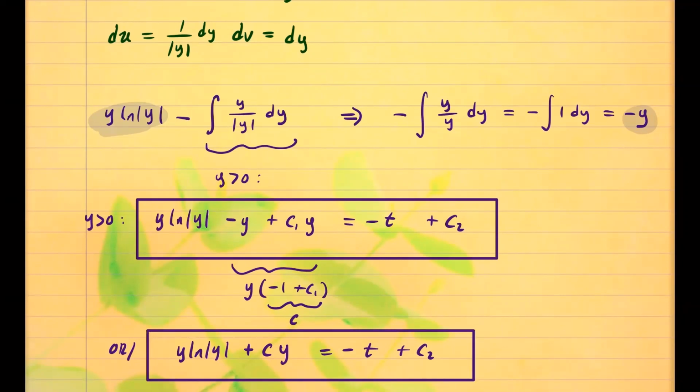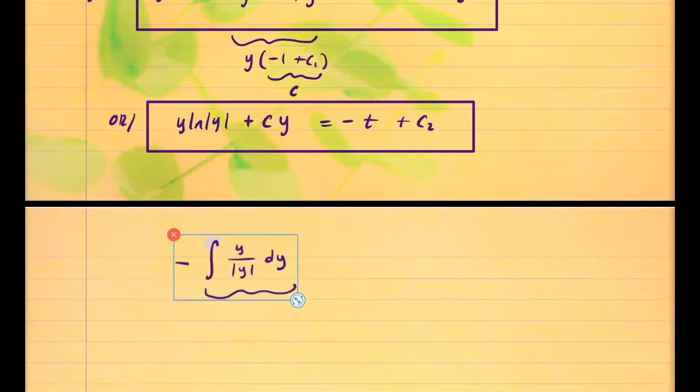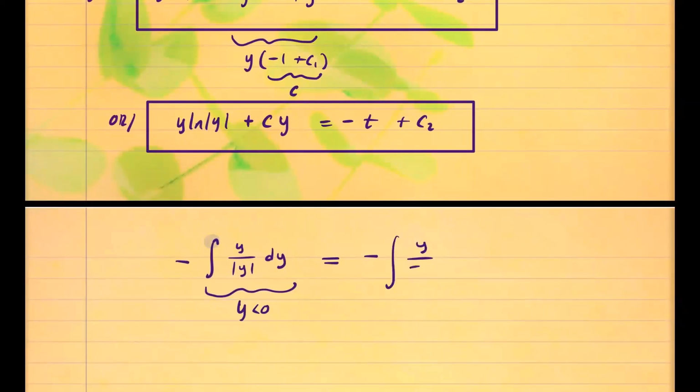Now, again, I'm going back to this integral one more time if we assume y is negative. So if we assume y is negative, then this integral will be treated in the following way. Let's take this again down here. If we assume y is negative, then this integral will become negative the integral of y over negative y dy, which will turn out to be a positive 1 dy, that's just y.